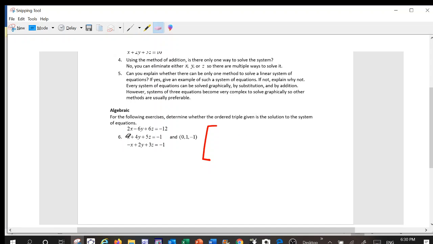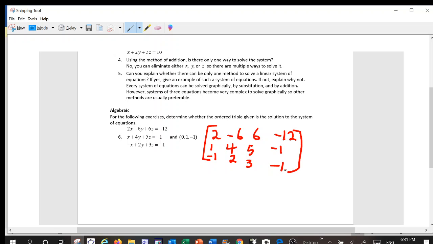Again, make sure these variables are in order. So we got 2, negative 6, 6, and negative 12. And we have 1, positive 4, positive 5, and negative 1. And we have negative 1, 2, 3, and negative 1.